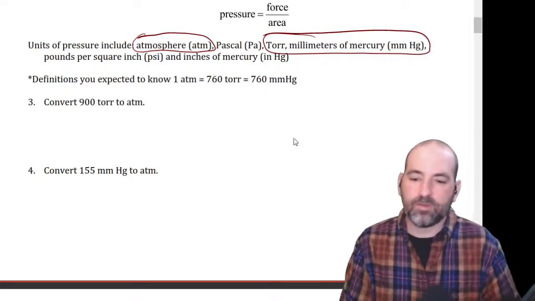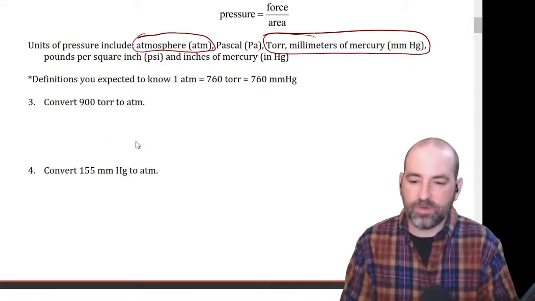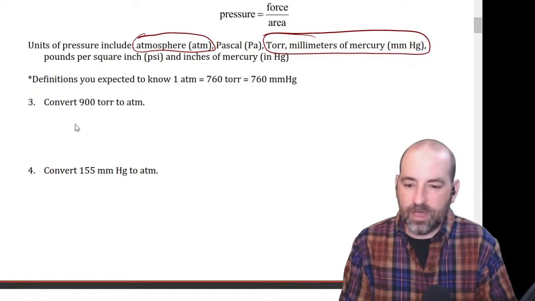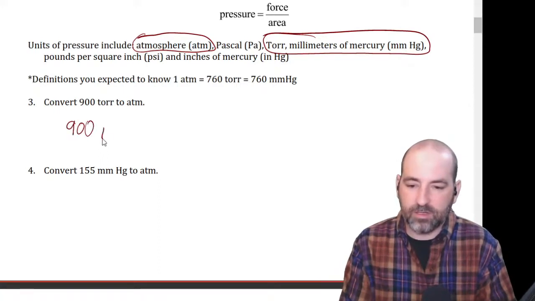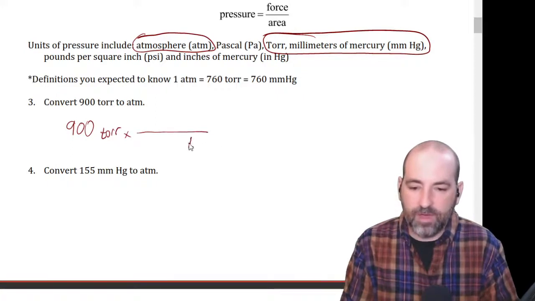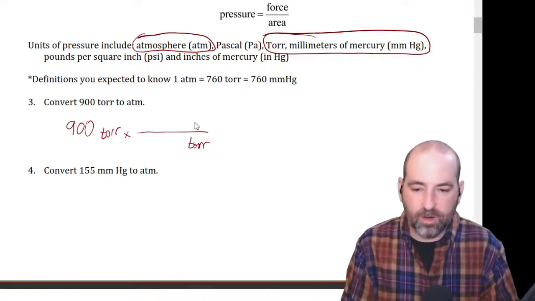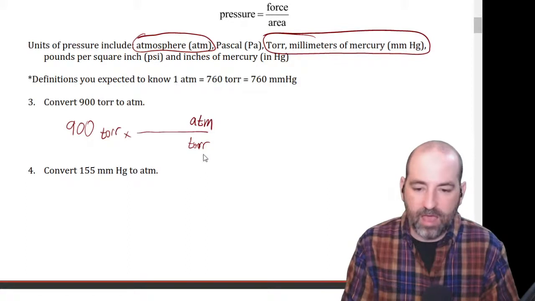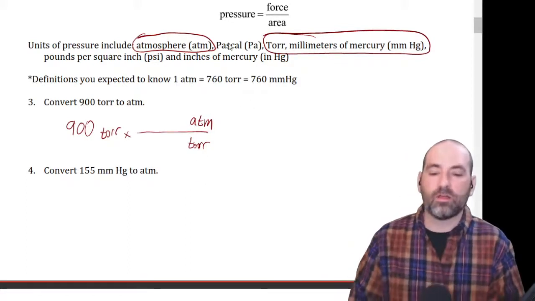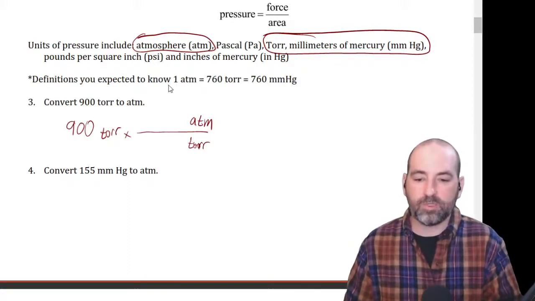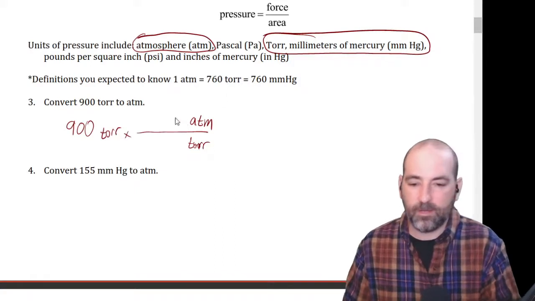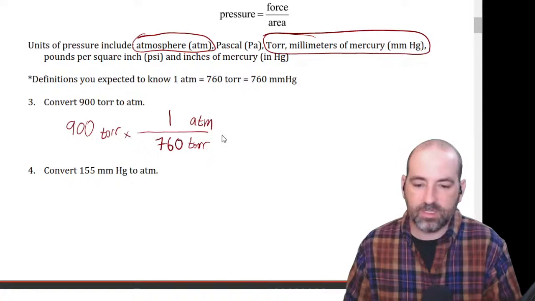Okay, let's do a practice conversion. So 900 torr to atmospheres. If we want to go torr to atmospheres, that means we're going to start with our 900 torr. And we're going to multiply it by a conversion factor that allows us to cancel torr and instead have atmospheres. And since our equality here is that 1 atmosphere is 760 torr, put the 1 with the atmosphere and 760 torr.